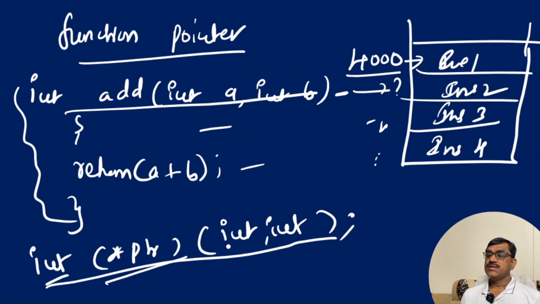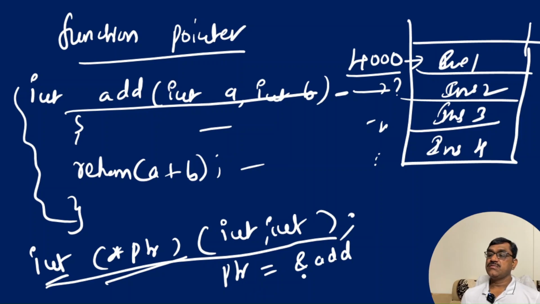Now, in the next line, what we are going to do? We are going to assign ptr equals to, what is the name of the function here? Add. We can pass address like this, ampersand of add. Just you mention the name of the function add. Before this, you write ampersand, ptr equals to ampersand add.